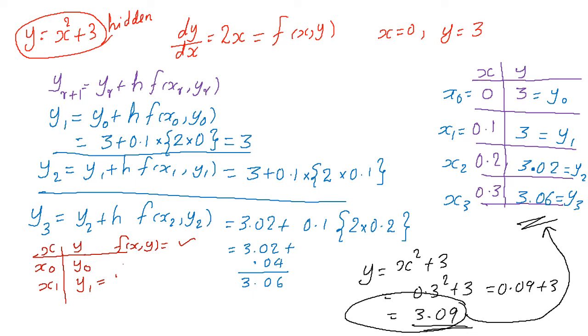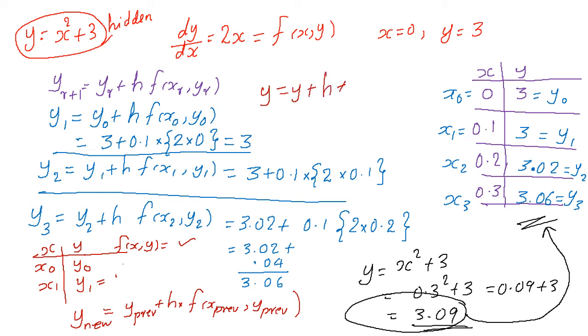y0 plus h into f of x0, y0. So I can say that y new equals y previous plus h into f of x previous, y previous. Or as an iteration, you can say that y is to be replaced with previous y plus h into the function evaluated at the present value of x and y.